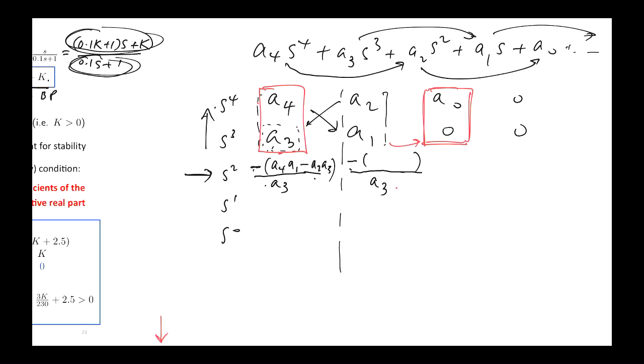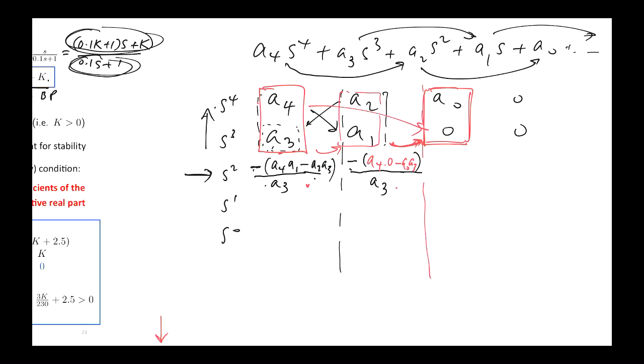Just like for this guy here, we worked with this as the second column. It's one position to the right, right? When we're working on this guy here, the second column of the matrix we have to take a determinant of is one position to the right. So in this case, it'll be A4 times 0, right, minus A0 times A3.